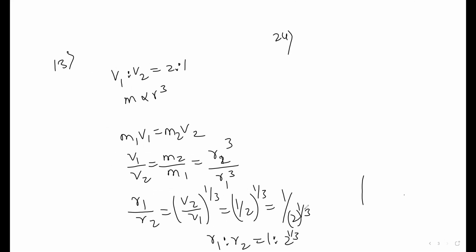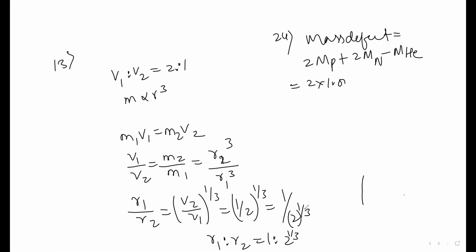So mass defect is calculated by using the formula mass defect is equal to 2mp plus 2 into mn minus mass of helium. So that's equal to 2 into 1.0073 plus 2 into 1.0087 minus 4.0015. So after simplification, we are getting 0.0305.